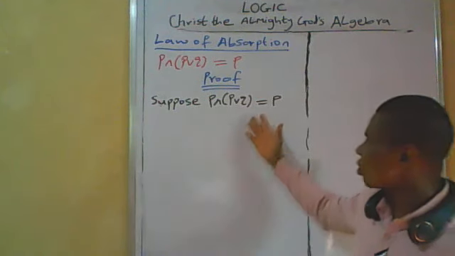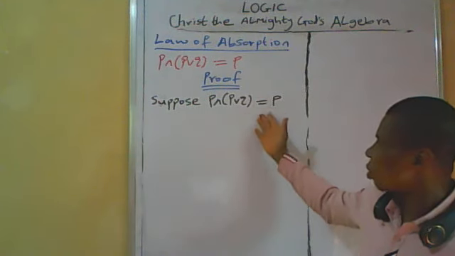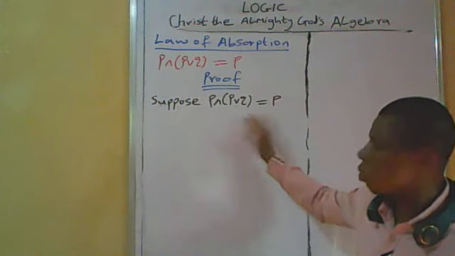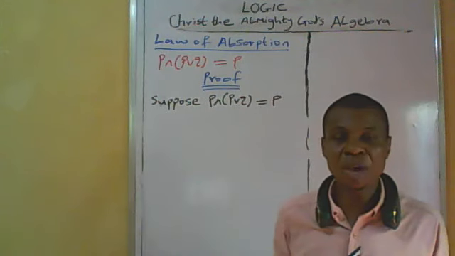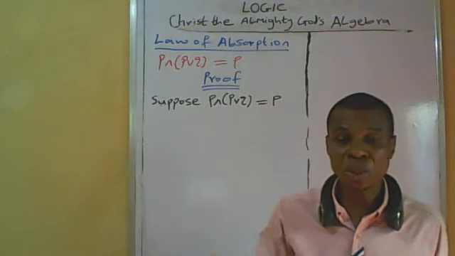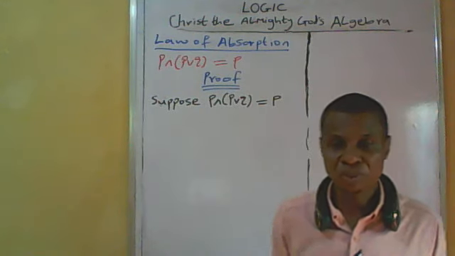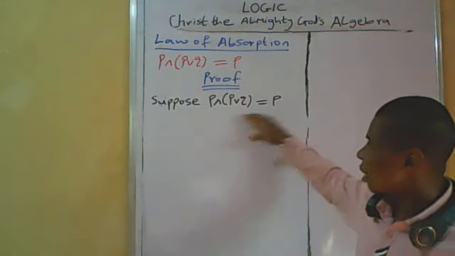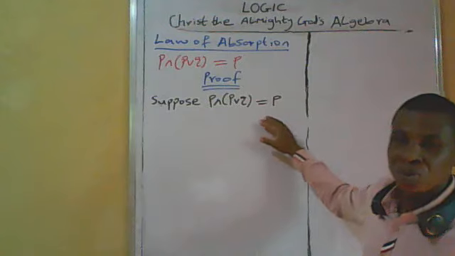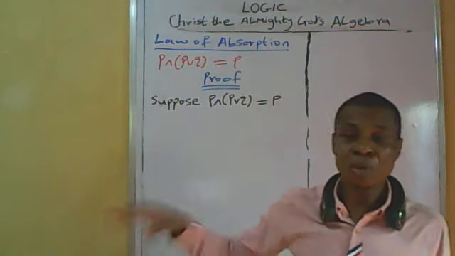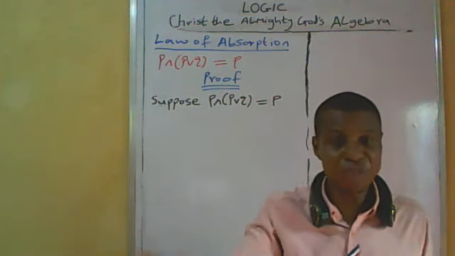Since both sides are equal to each other, we are going to transform it to a biconditional statement, and it will still preserve truth, since we assume that it is true.